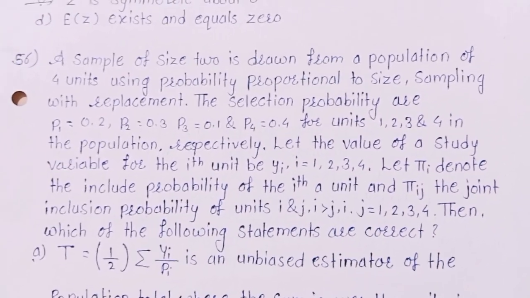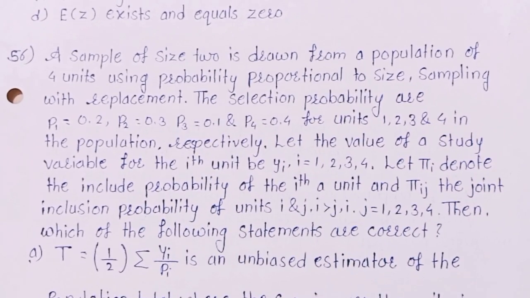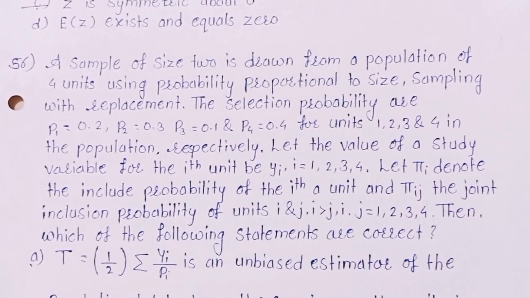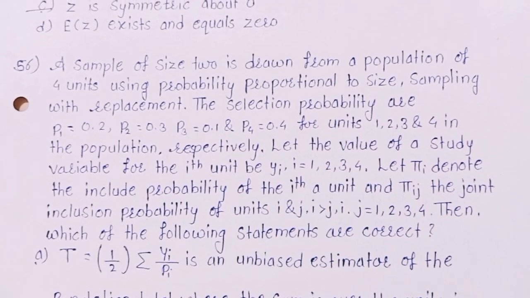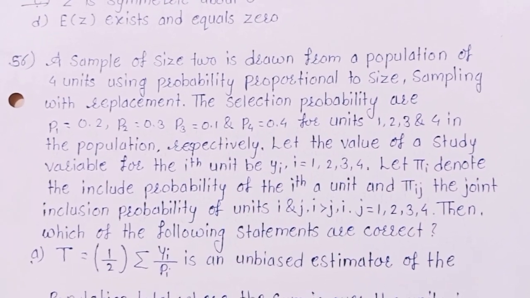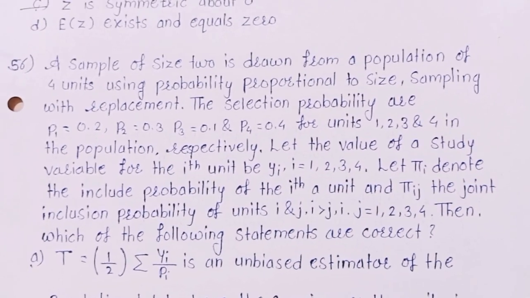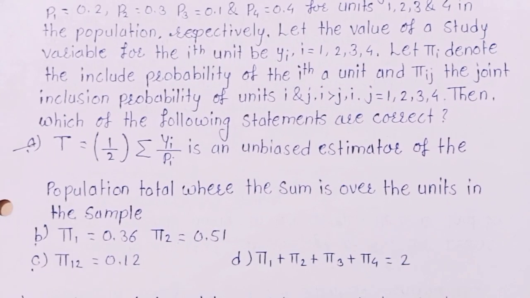Let the value of a study variable for the ith unit be yi, i equals 1, 2, 3, 4. Let pi i denote the inclusion probability of the ith unit and pi ij the joint inclusion probability of units i and j, i greater than j, i, j equals 1, 2, 3, 4. Then which of the following statements are correct?